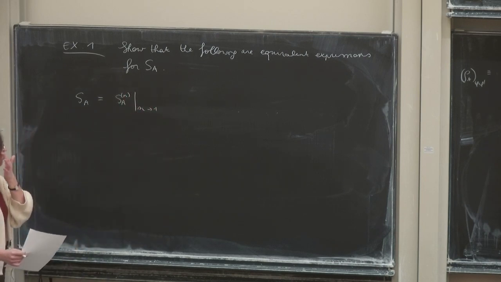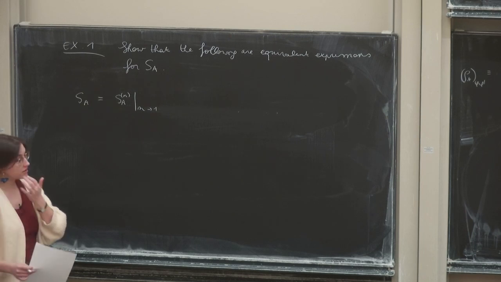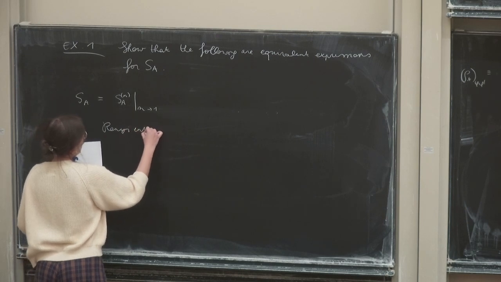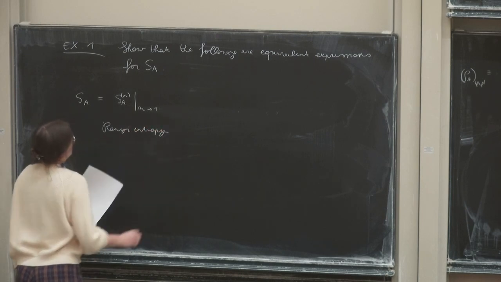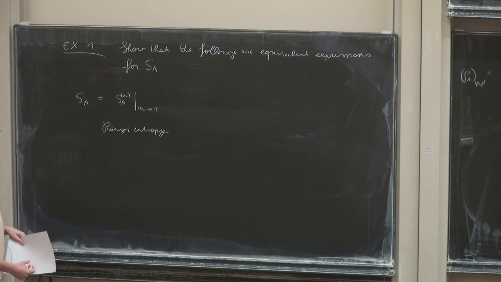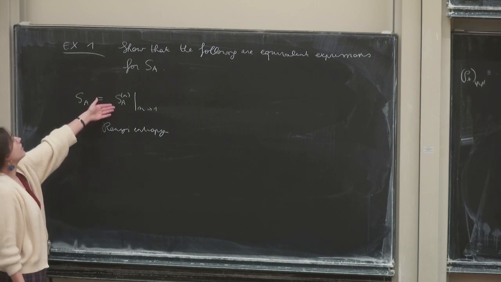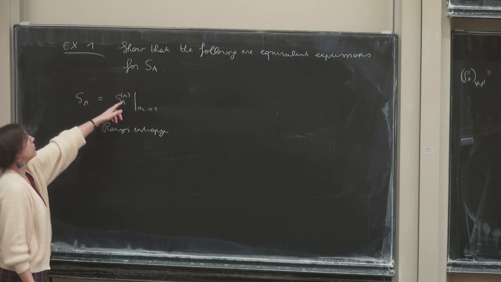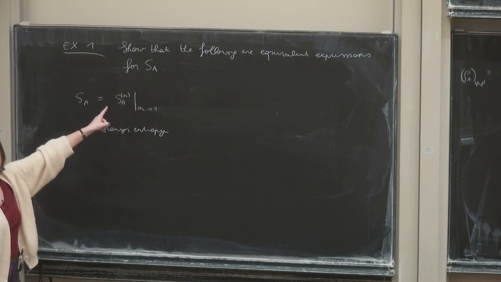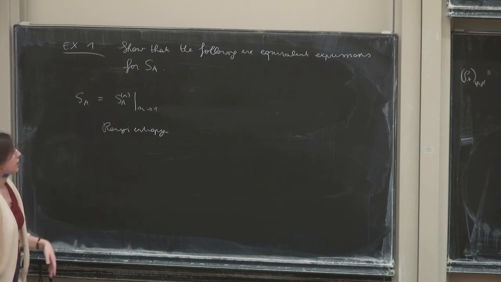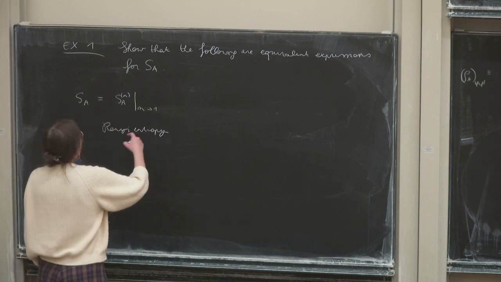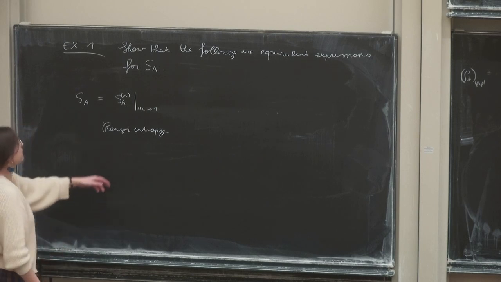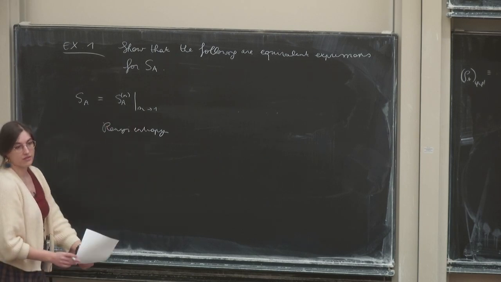There's an object called Renyi entropies, which I didn't introduce in the lecture, but I'll introduce it now. It's an entropy associated with this interval A, which is still labeled by the number n. And the entanglement entropy that we've been talking about is really the n to 1 limit of this Renyi entropy.